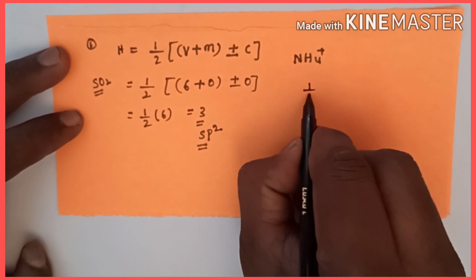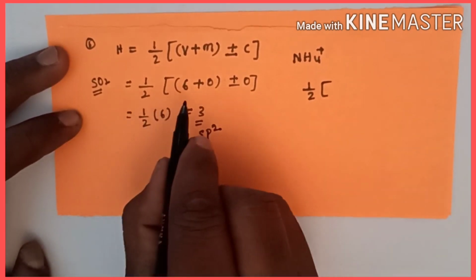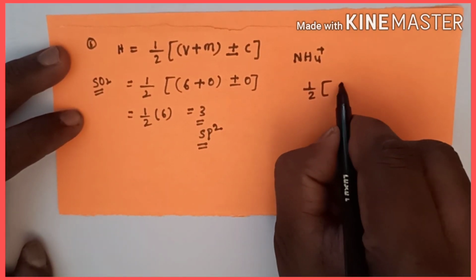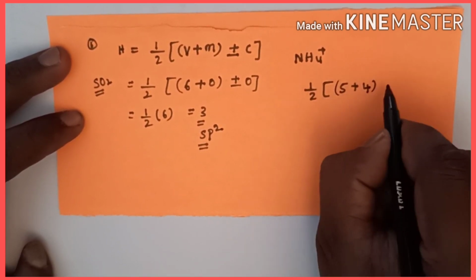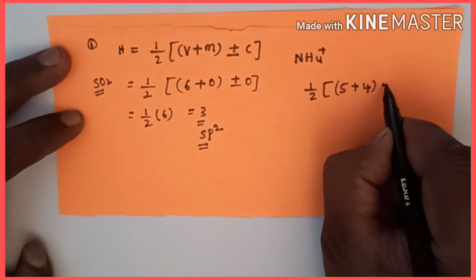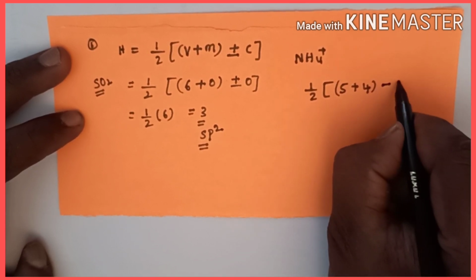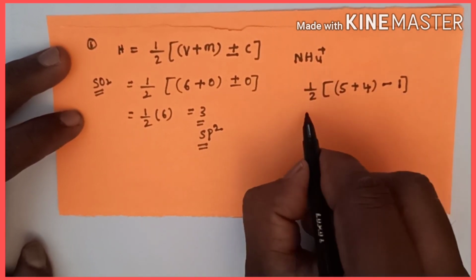Now in the same way, let us find the hybridization of NH4 plus. Half into nitrogen valence electrons 5 plus connected monovalent atoms 4. Here it is a cation, so minus 1 charge.